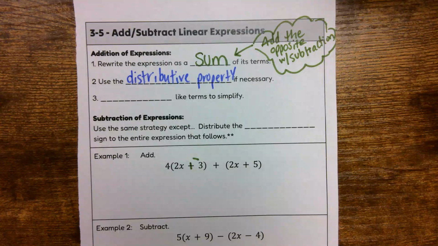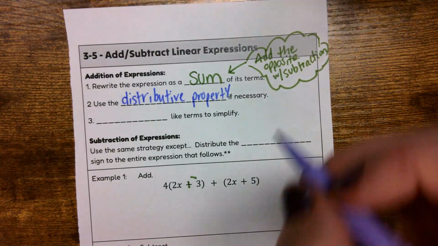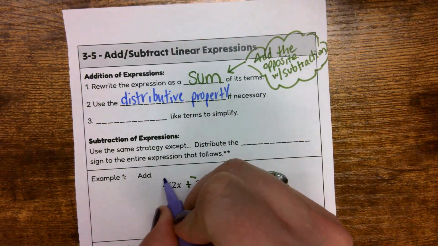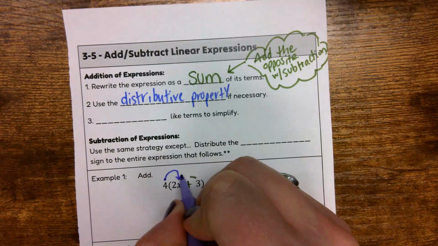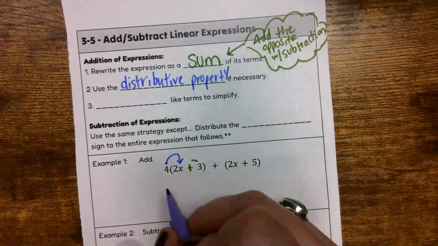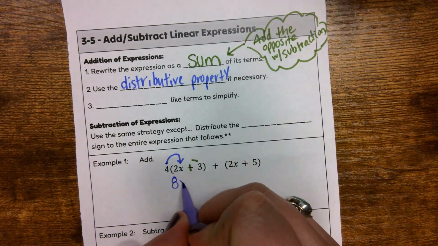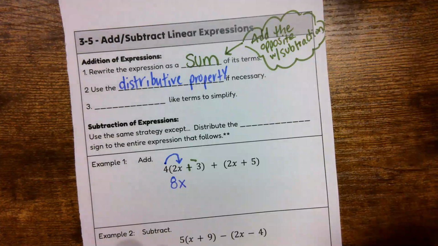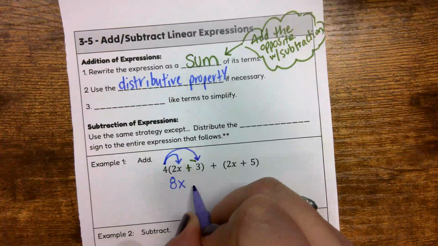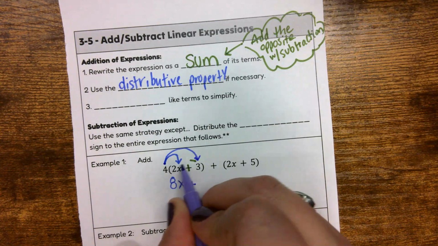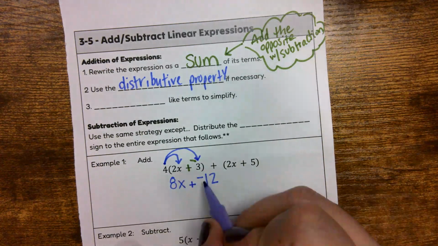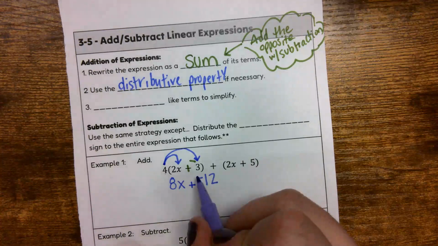Remember, the distributive property is like this. We take our 4 and we distribute it and multiply it times 2x. 4 times 2x, we get 8x. Then 4 times negative 3, we're going to add that to negative 12 because it's a positive times a negative, so our answer is negative. 4 times 3 is 12, so it's negative 12.